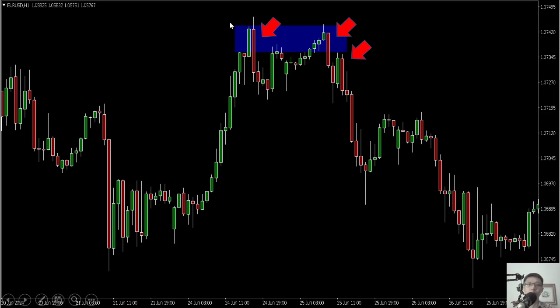It cannot close above this resistance, and then sellers come in and push the price to close lower than this resistance area. So this is the second push, and this one is the third push because price closed below this resistance area and below this bullish candle. After 3 pushes, price moves to the downside and becomes a downtrend.